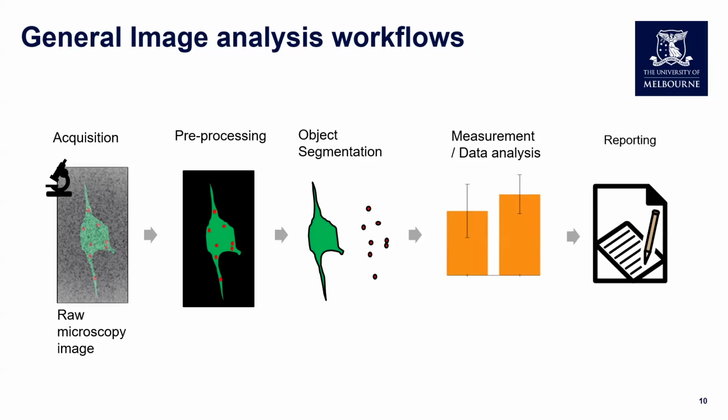The final step is reporting the result. Also, depending on the analysis type, we may use a single software package covering the whole workflow or combine multiple tools for specific functions.